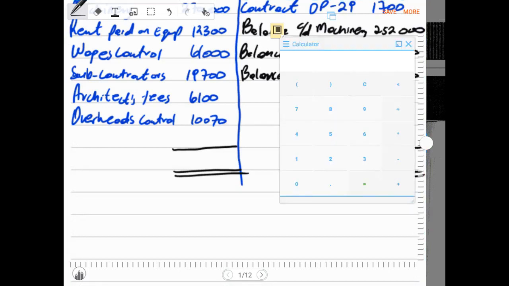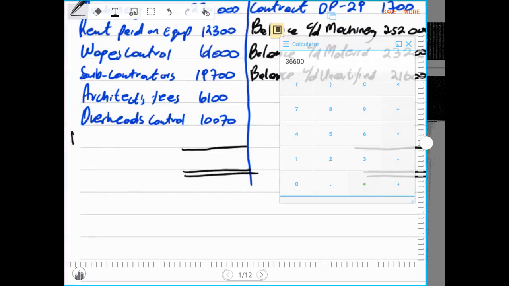Our labor cost is 61,000 rands, and they are telling us that 60% of that is head office cost. So now we have to record that as head office cost.